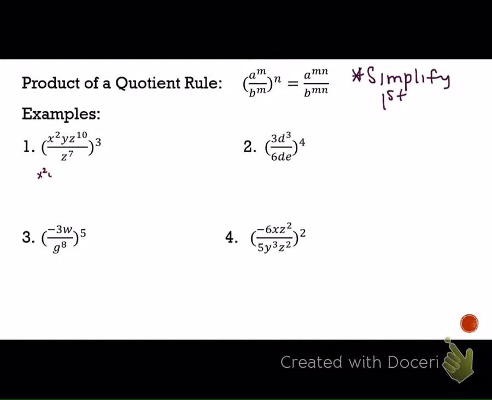So we have x squared y z to the 10th minus 7, to the 3rd power, right? So that's x squared y z to the 3rd power. Does that make that a little bit easier for us? It becomes a product one, doesn't it? So what am I going to do here, Carly? Yeah, what's the exponent on y? 1.